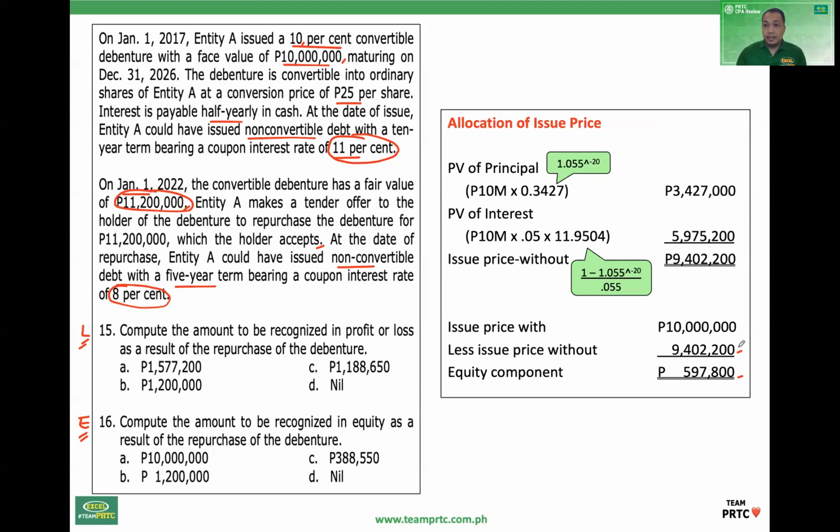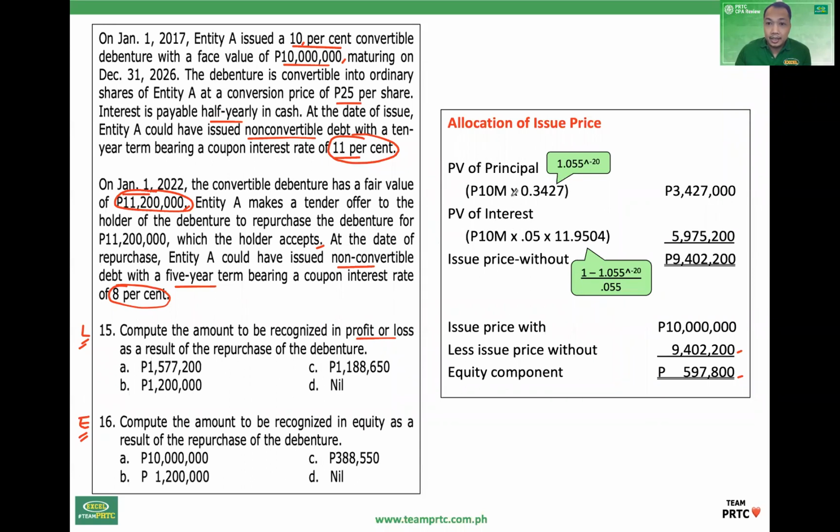At dahil convertible yan, dalawa yung ni-retire. Liability and equity. Again, yung liability, pag ni-retire yan before due date, may gain or loss yan in P&L. Yung retirement ng equity, direct deduction yan from equity. At paano ko computein ang gain or loss? Carrying amount minus the retirement price. Okay, so paano ko computein ang carrying amount? Using effective interest method, same format.